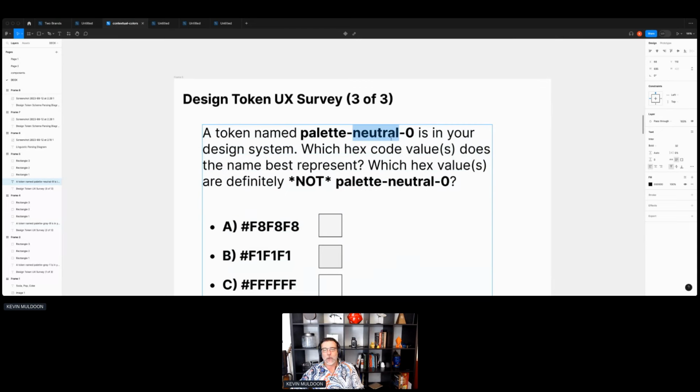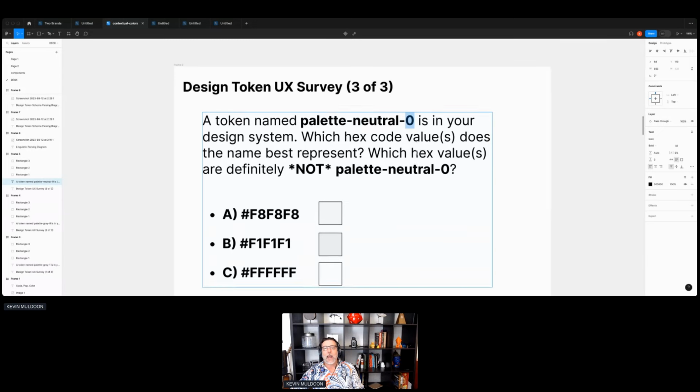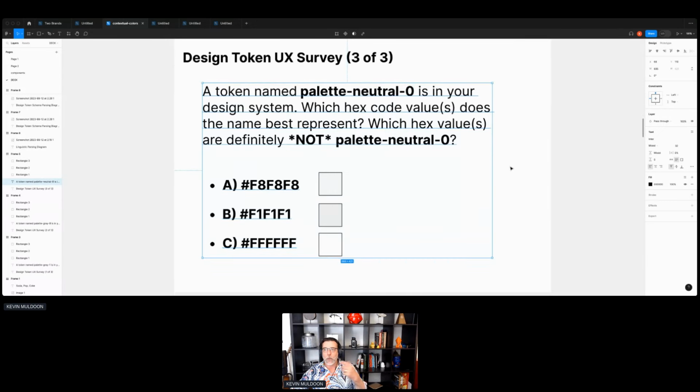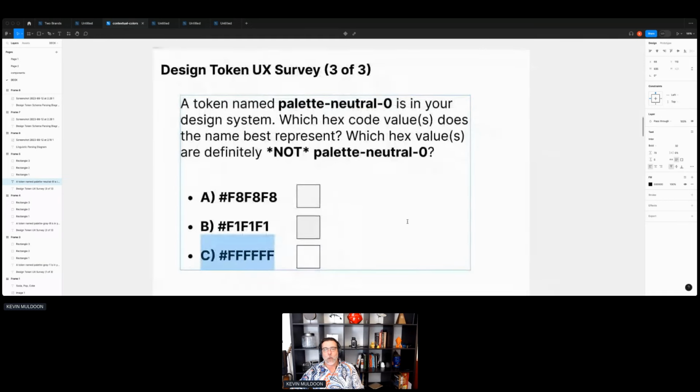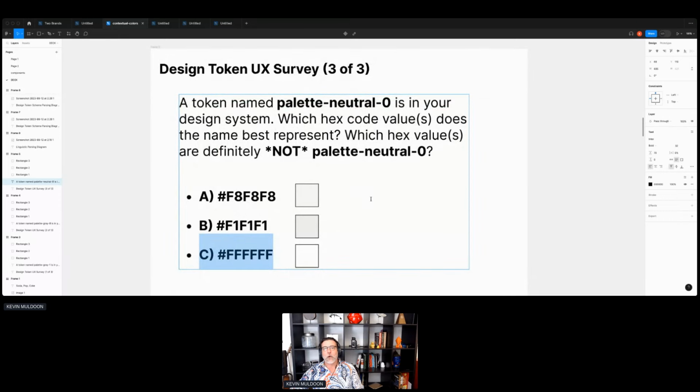Palette neutral 0. And in this case, if this survey were to go out and we had 5,000 respondents, I would guarantee that we would have 99%, if not more, accurately choosing that palette neutral 0 is the white that you would expect, which means that it is a great improvement over palette gray 1.